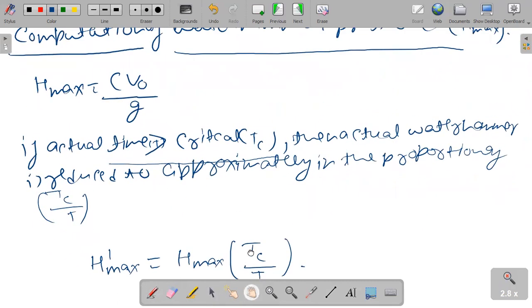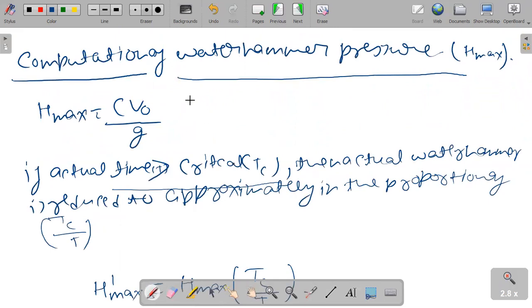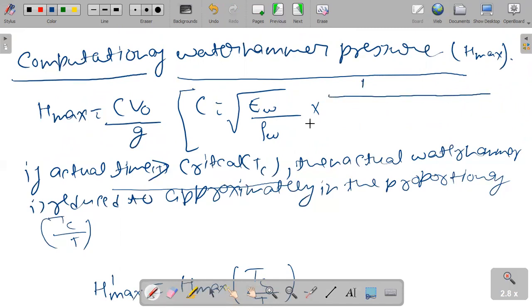For this C value, we also have a formula: C = sqrt(EW/rho W) × 1/sqrt(1 + EW D/(EP t)).